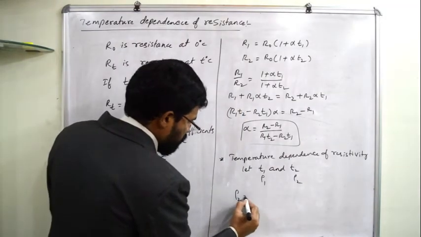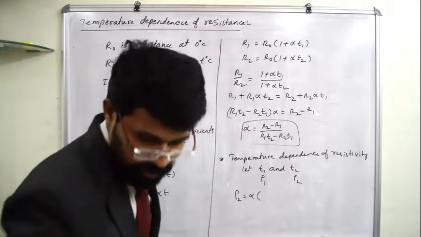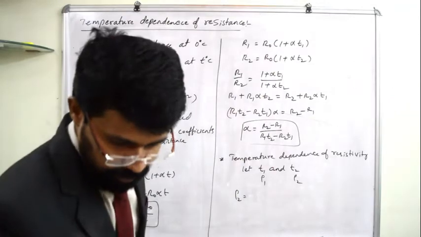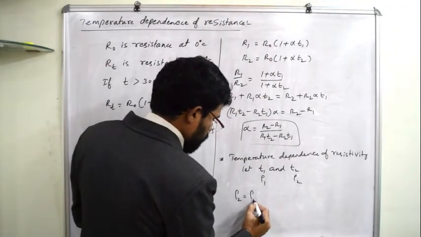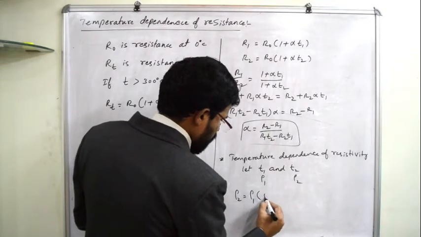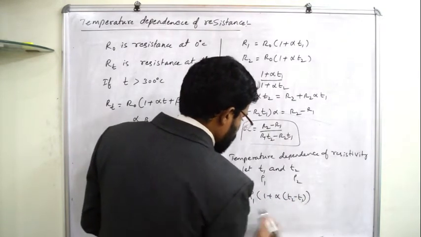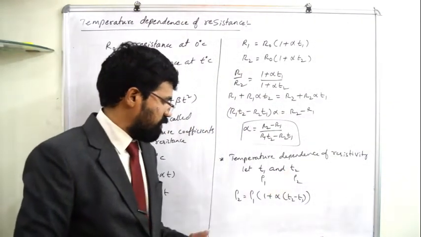This rho 2 can be expressed as rho 1 into 1 plus alpha into T2 minus T1. So that's how we can write the expression for resistivity at a temperature T2.